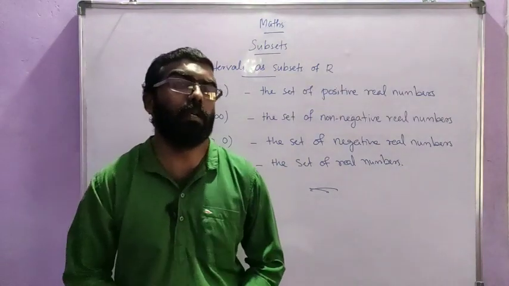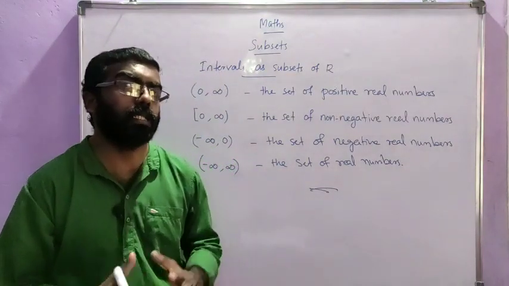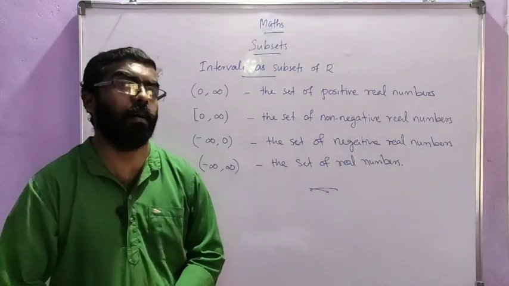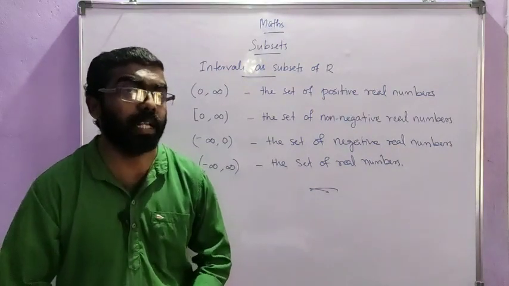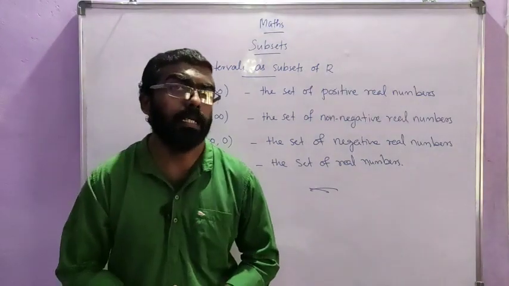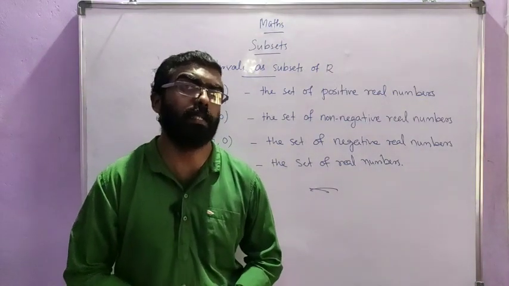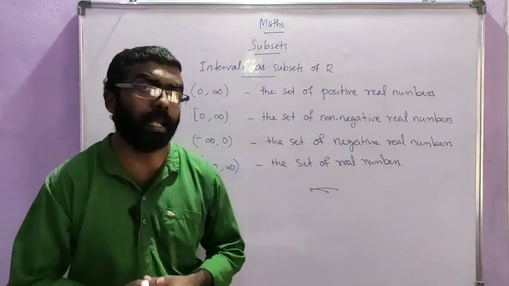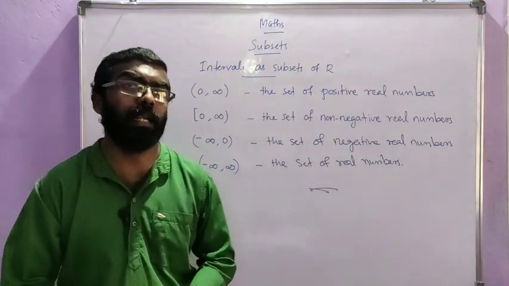Okay, and one more thing you have to remember is intervals are subsets of R which contains infinitely many points. I repeat, intervals are subsets of R. R means the set of all real numbers which contains infinitely many points.